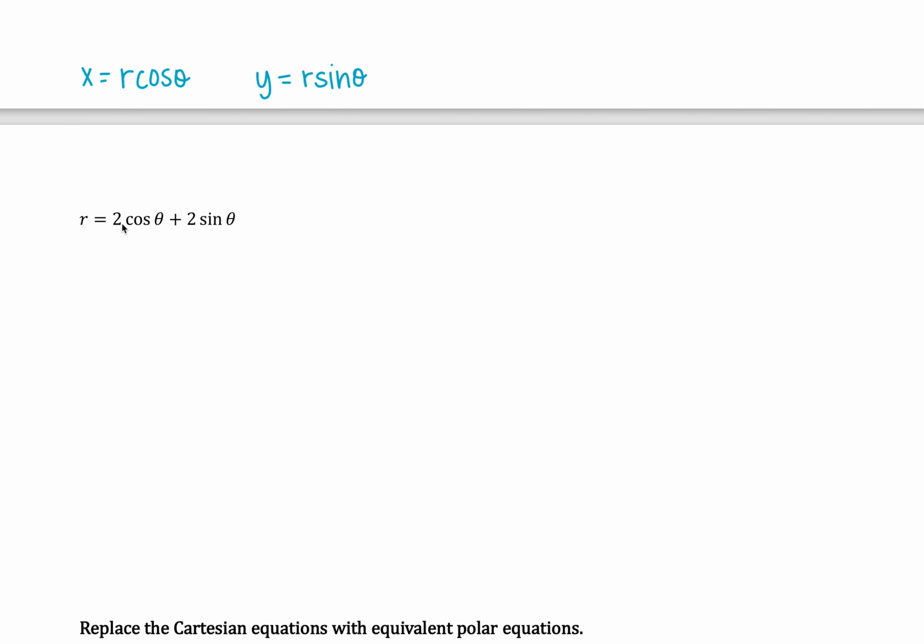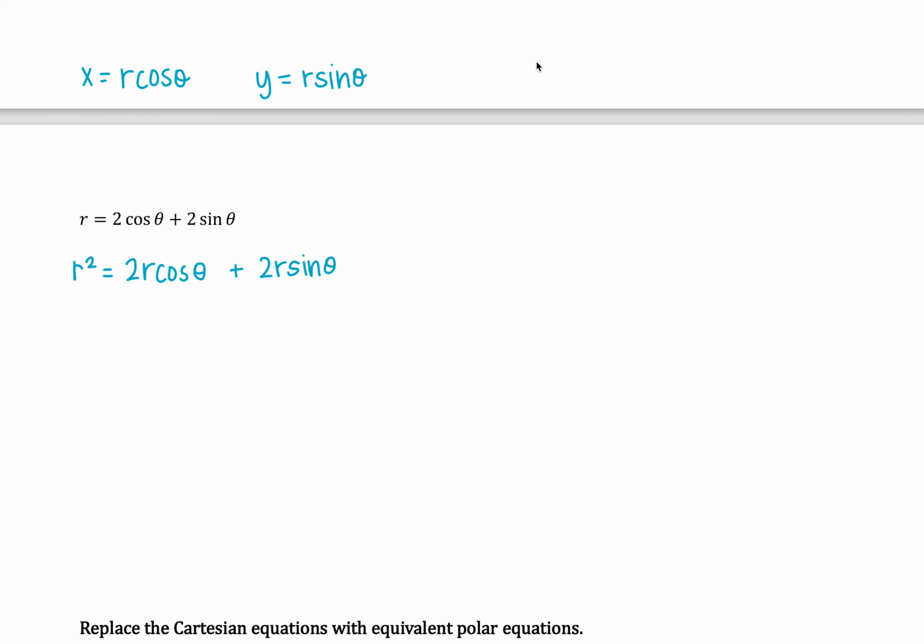So it would help us if we had r's here on the right-hand side. Well, we can do that. I'm going to multiply through by r, and that gives us r squared is equal to 2r cosine theta plus 2r sine theta.